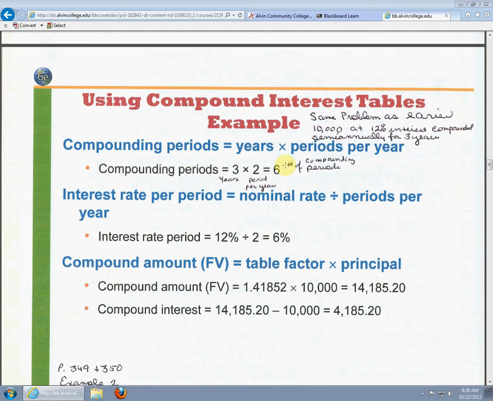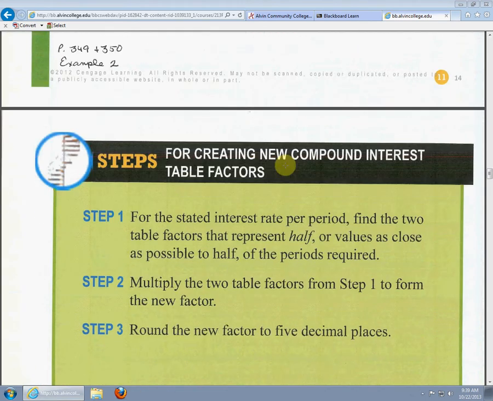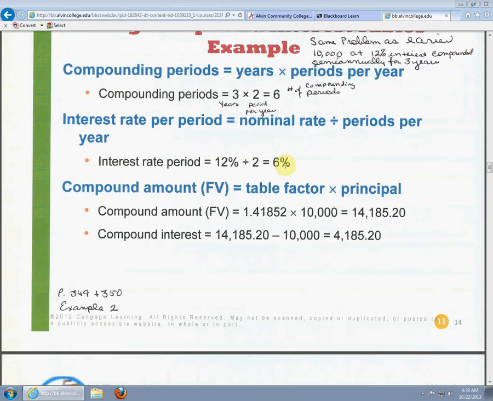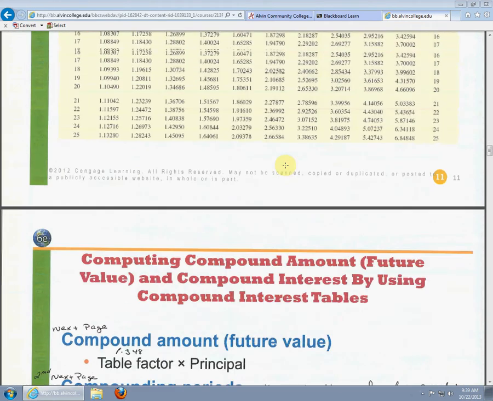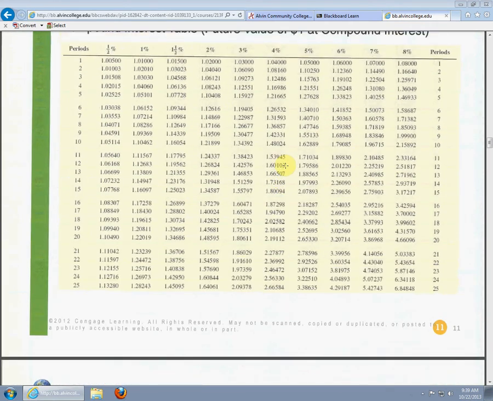So for the compound amount, let's look at our table on page 348. Look at your table on page 348, and find where the intersection is, where you're looking for 6% and 6 compounding periods. What did you find? On page 348, 1.41852.